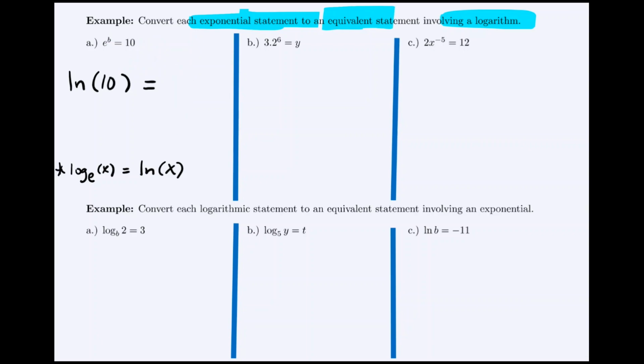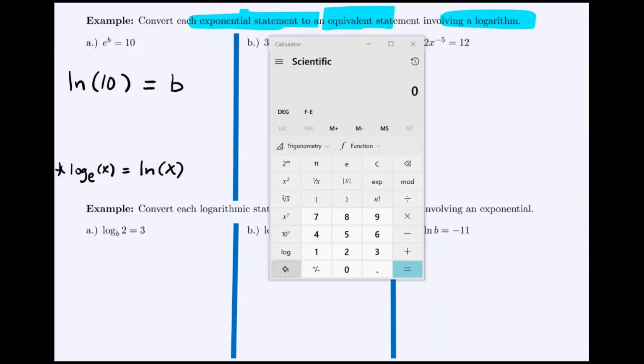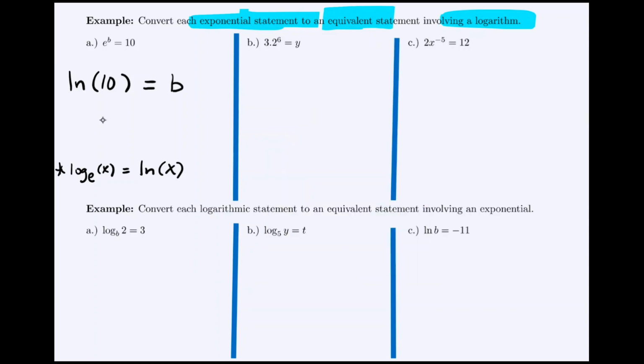So we'd have ln of 10 is equal to the value of b. And if we wanted to, we could actually find this as a numerical value if we go to our calculators. I can see here I've got my natural log button there, so I'd have ln of 10, and that's about 2.30 when rounded. So b is the value about 2.3.